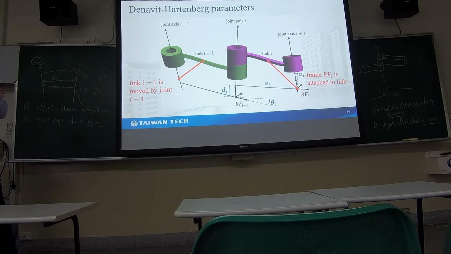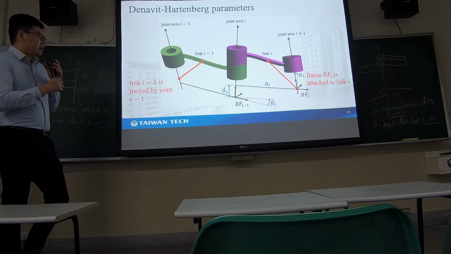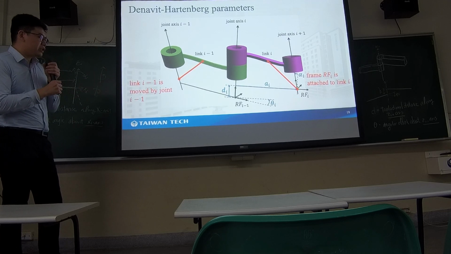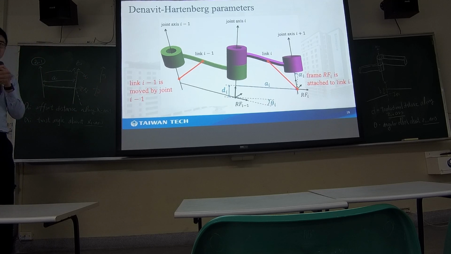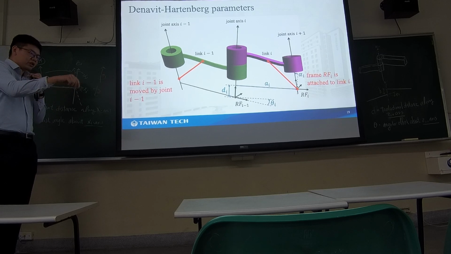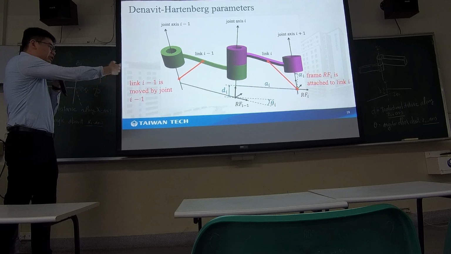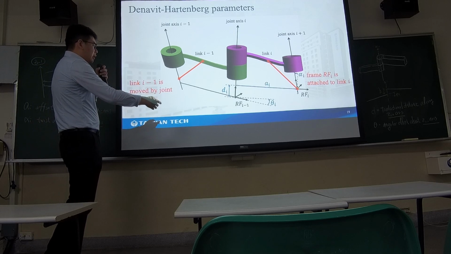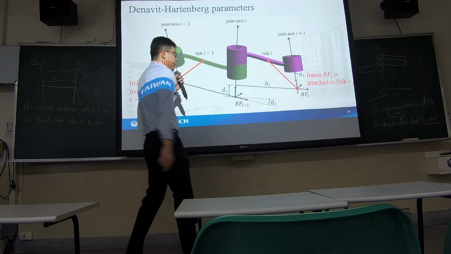So when you first encounter these parameter definitions, you can just take out the definitions and your configurations, and according to the definition, you define what is the d and theta, and a and alpha.